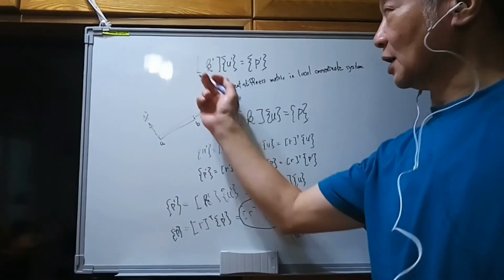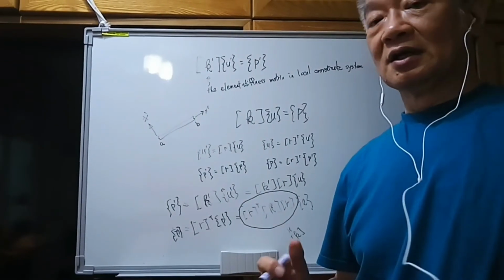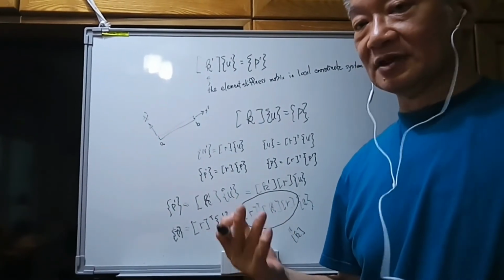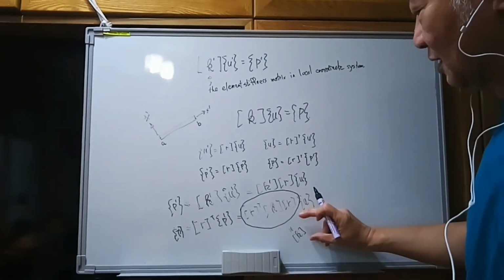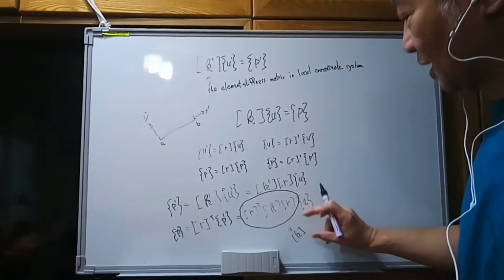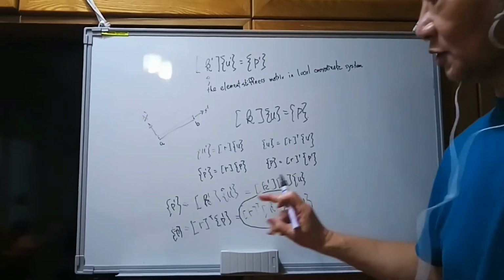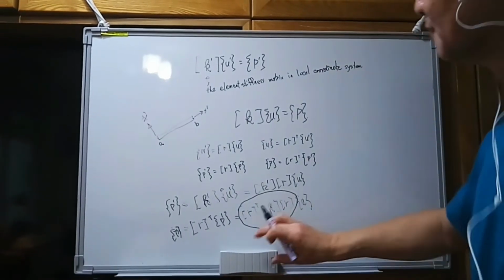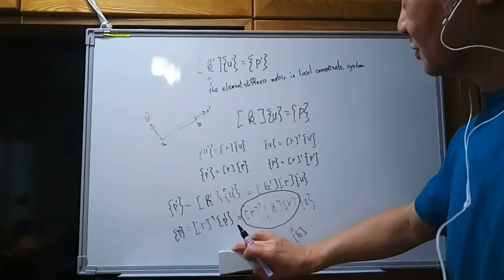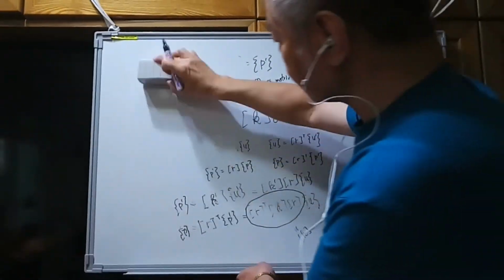If we got the K prime matrix, then if we like to get the element stiffness matrix in K matrix, then we need to multiply these three together to get the K matrix. Okay, so that's for the element stiffness matrix.